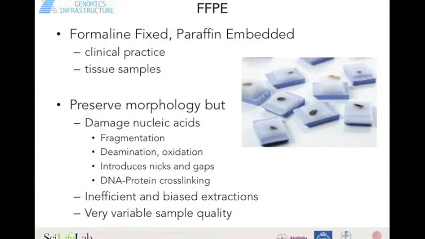So this causes a bunch of different problems, all ranging from the different protocols, from fixation to extraction, library preparation, sequencing, and also analysis, since you can have anomalies in the data which you can erroneously call as variants.